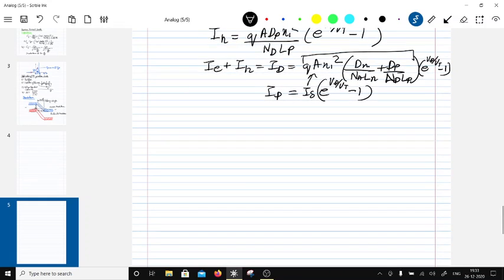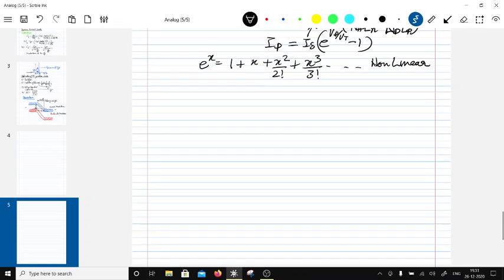Okay, so now we know what a diode current is, right? Diode current has an exponential relation to the diode voltage. Now I can say that e raised to x can be represented as a Taylor expansion as 1 plus x plus x square by 2 factorial plus x cube by 3 factorial and so on, right? So notice that I have this x square, so this becomes non-linear.